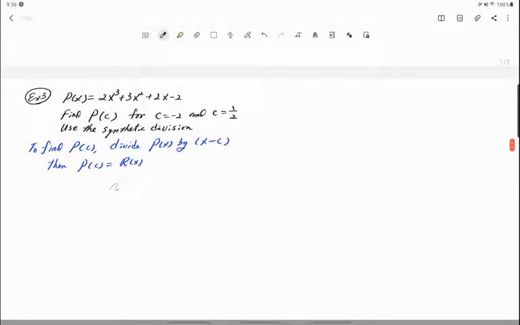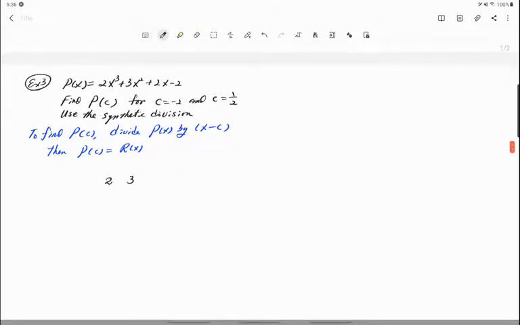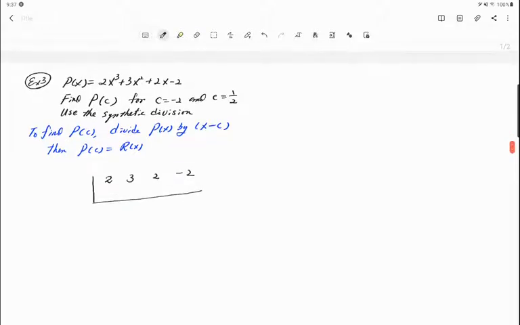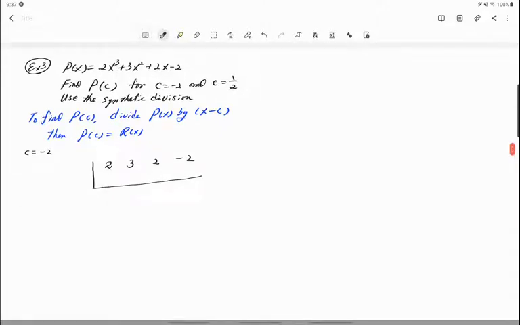Write down only the coefficients. So the coefficients of p of x are 2, 3, 2, and negative 2. There's no missing term, so there are no zeros. Then I'm going to divide this by x minus c. And what's the c value? The c value is given, so let's use negative 2.